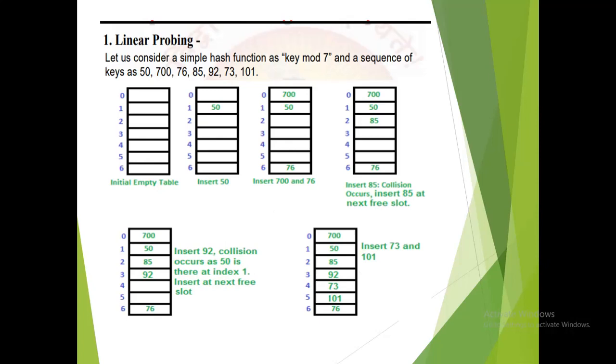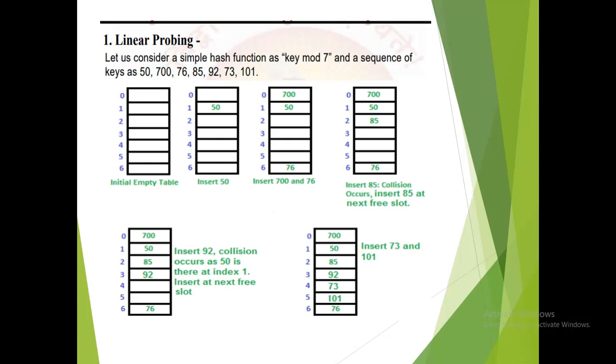Example of linear probing. Let's consider a simple hash function, hash(key) = key modulus 7, and a sequence of keys 5, 50, 700, 76, 85, 92, 73, and 101. Initial empty table.